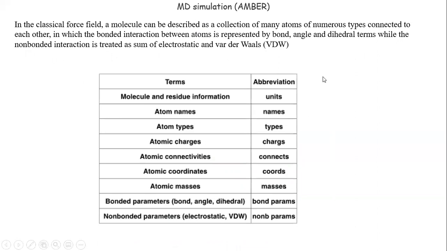You have a PDB file, each PDB file has many residues, and each residue contains certain atoms. So force fields should contain all the information about angles, bonds, dihedrals, and also the non-bonded interactions in terms of electrostatics and van der Waals. This is the abbreviation that you mainly use in simulation files.